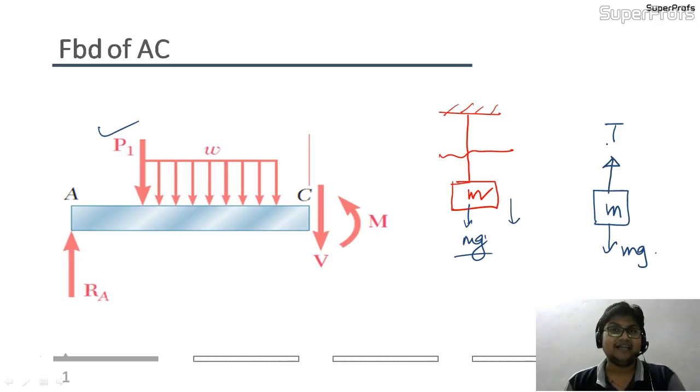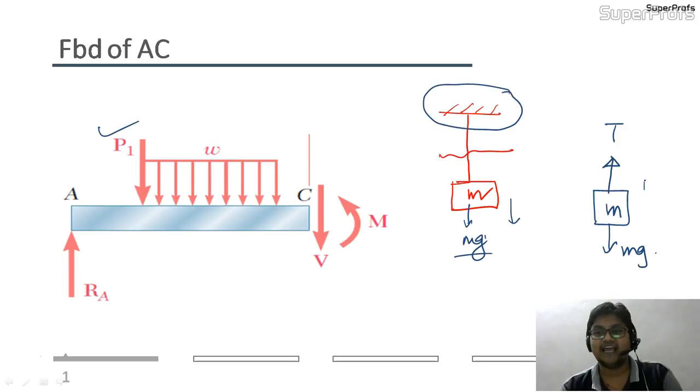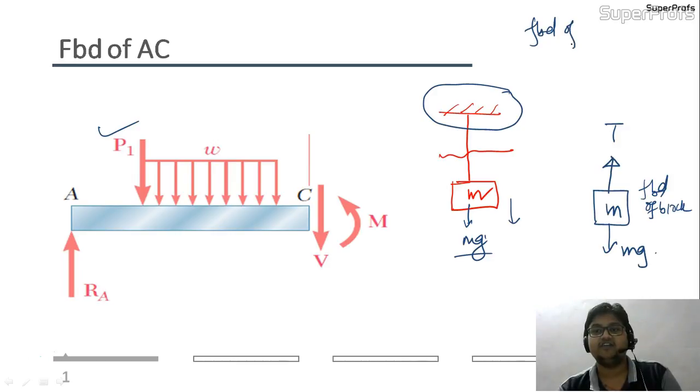Now I will draw the free body diagram of the support. So here was the support. I have drawn the FBD of the block, and now I will draw the FBD of the support. This was my support, dear friends, and to keep this member in equilibrium, the reaction of T will come here.